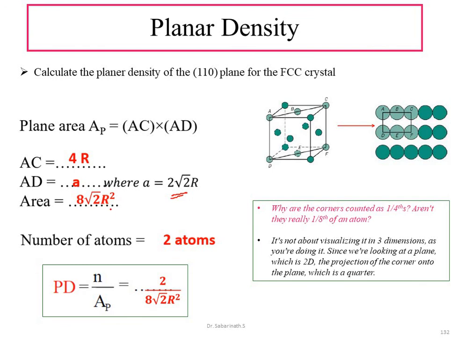I am taking it in terms of radius, but sometimes for university problems they will give the radius and ask you to solve it. And here we need to calculate the number of atoms present.